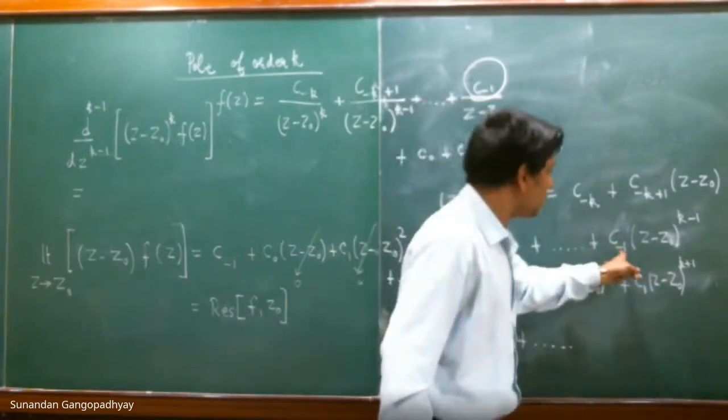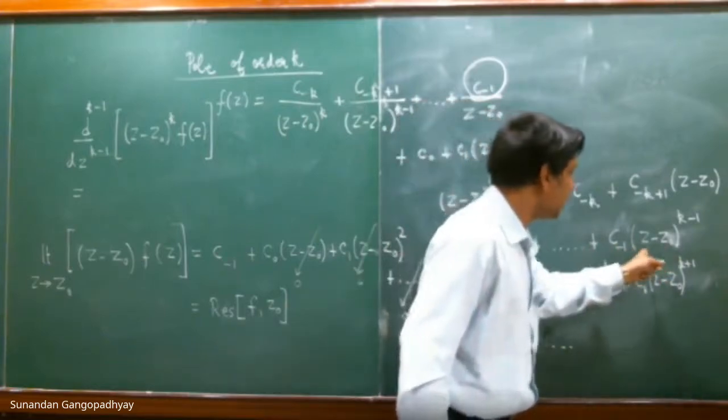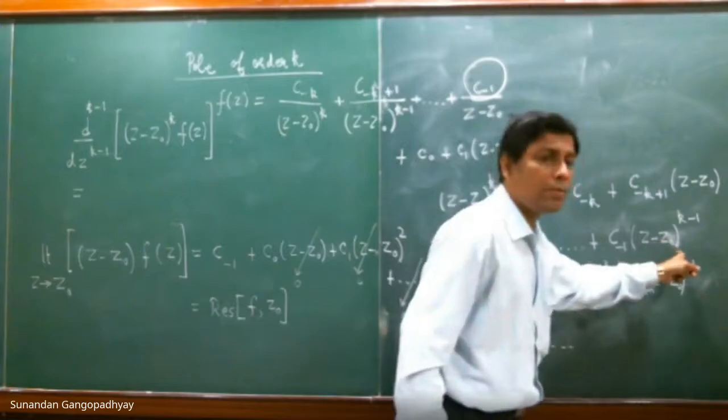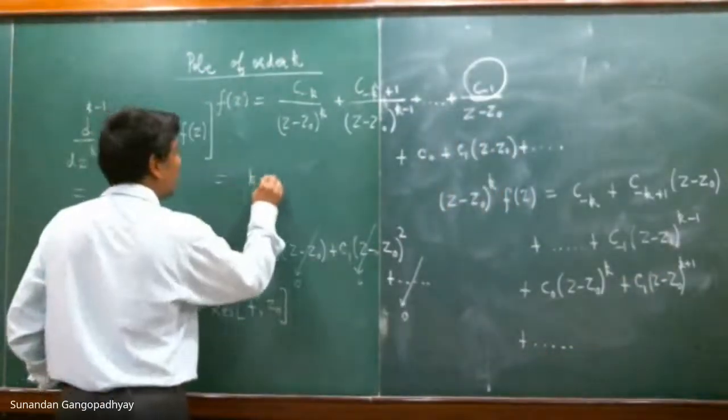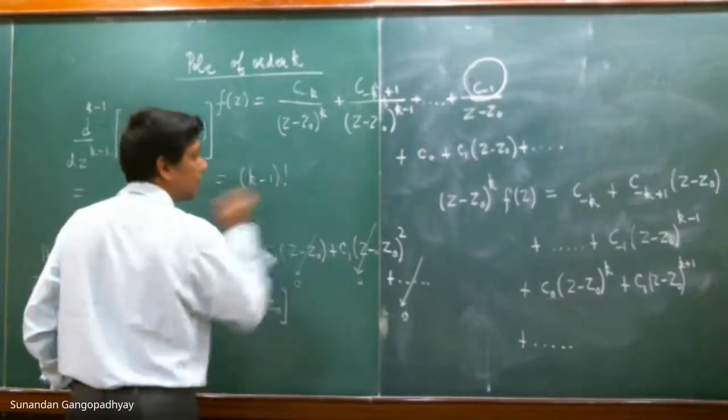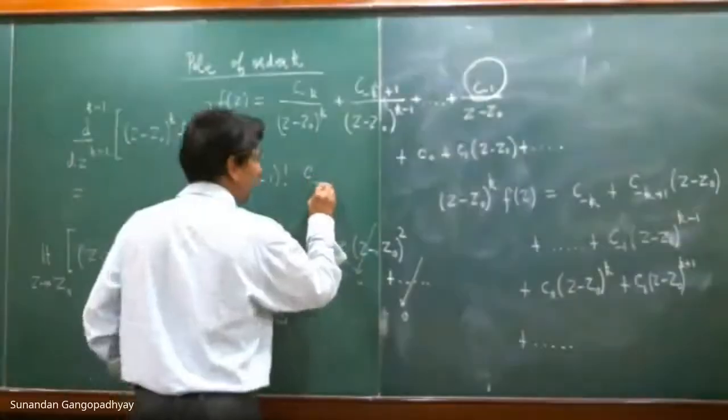This will give you k minus 1 factorial times c minus 1.